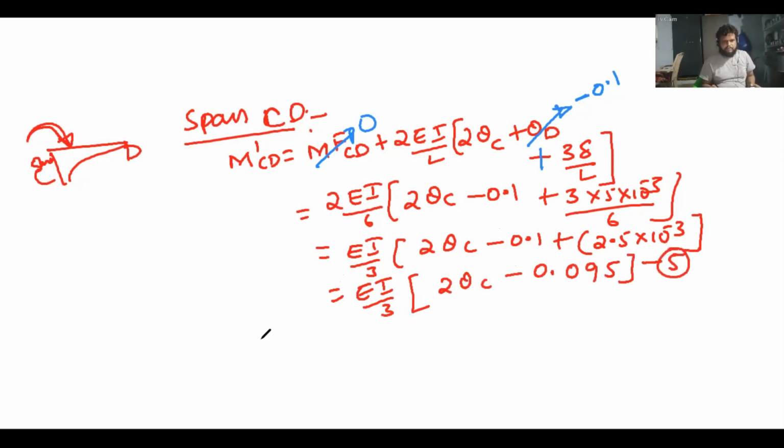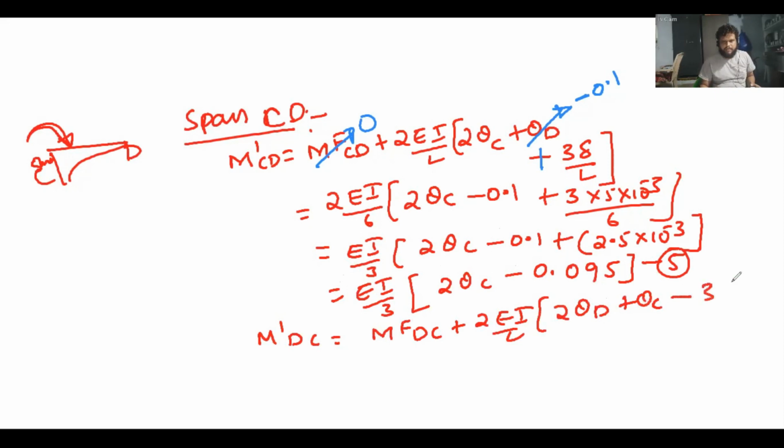Next, M dash DC equal to MF DC plus 2EI by L into 2 theta D plus theta C, again minus 3 delta by L. Here also you have to replace with plus symbol.